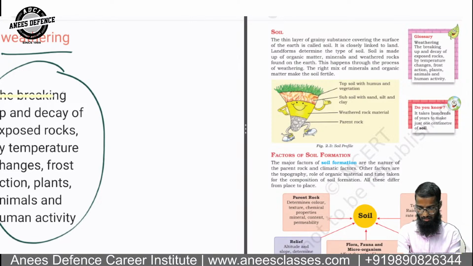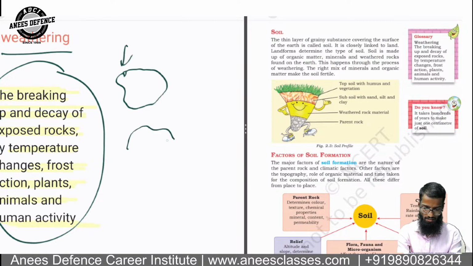Okay, yes, look at this. By temperature, plants and animals. Okay, so this is called as weathering. मैं आपको यहाँ पर डायग्राम निकाल के दिखाता हूँ weathering. Let us say this is the rock.